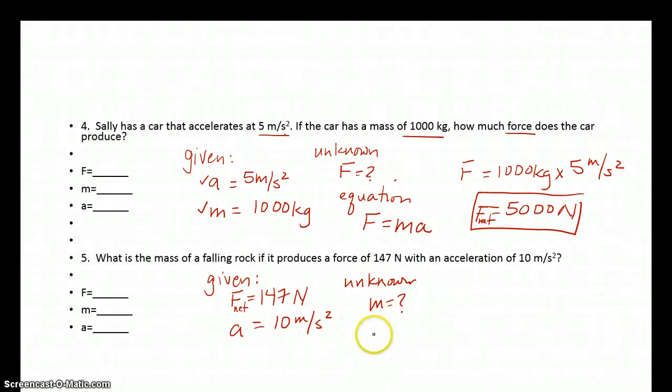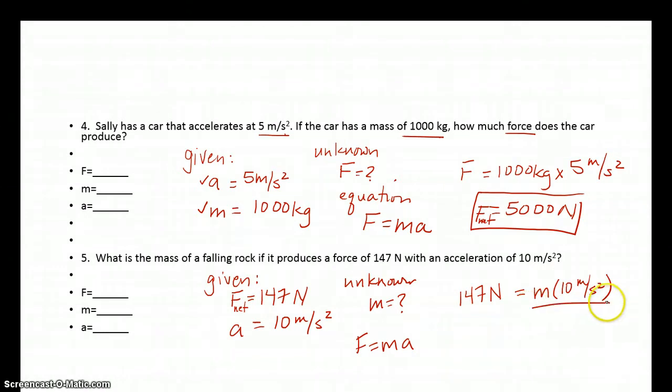Again, I'm going to figure out what formula works for that. I have force, acceleration, mass is my unknown. This formula of F equals ma seems to fit perfectly since I have two of those variables. So my force is 147 newtons, mass is unknown, and I have 10 meters per second squared being my acceleration.